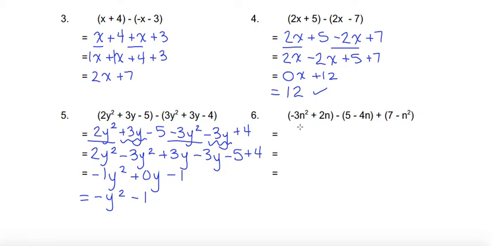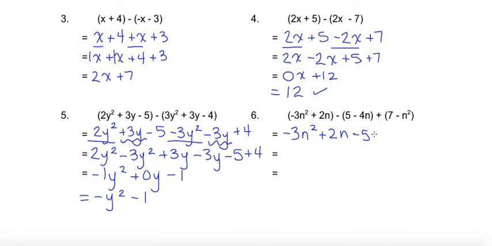And then last example, example 6, the first polynomial gets written exactly how it is, so negative 3n squared plus 2n. I'm subtracting my second polynomial, so I'm writing the opposite polynomial, so my 5 becomes a negative 5.